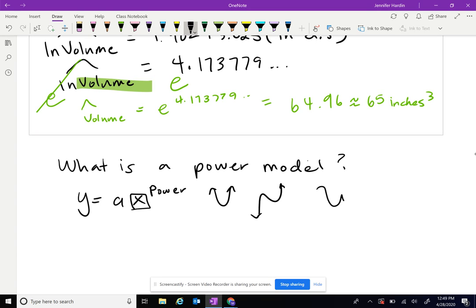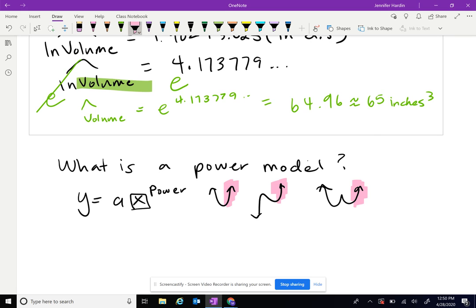And what's difficult here is that for the most part, whenever we go to graph our data, most of our data is only going to show us positive values of X. So if you're not looking for it or you see this curve in your data, you may not recognize that it's a power model. Okay.